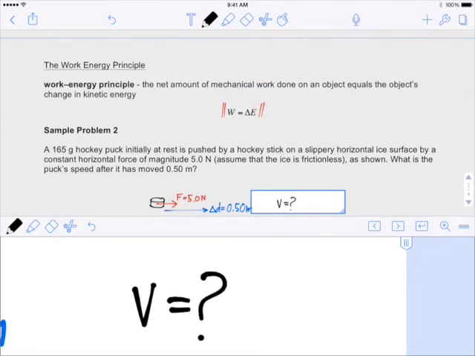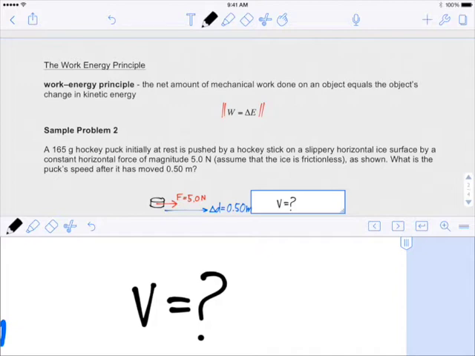There's not enough information to use kinematics to determine the puck's speed in this example. But there is enough information to use the work-energy principle.